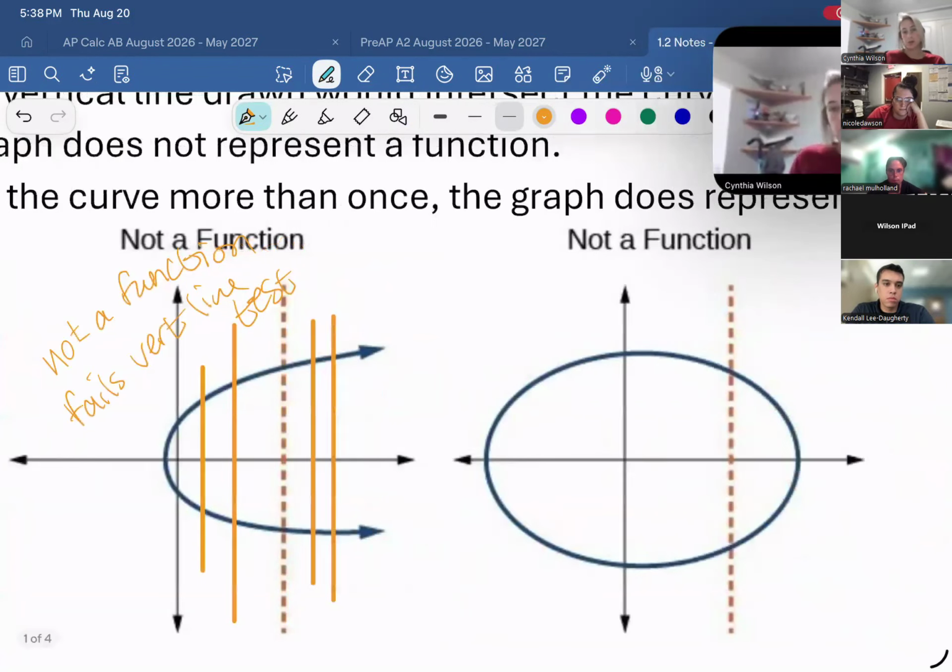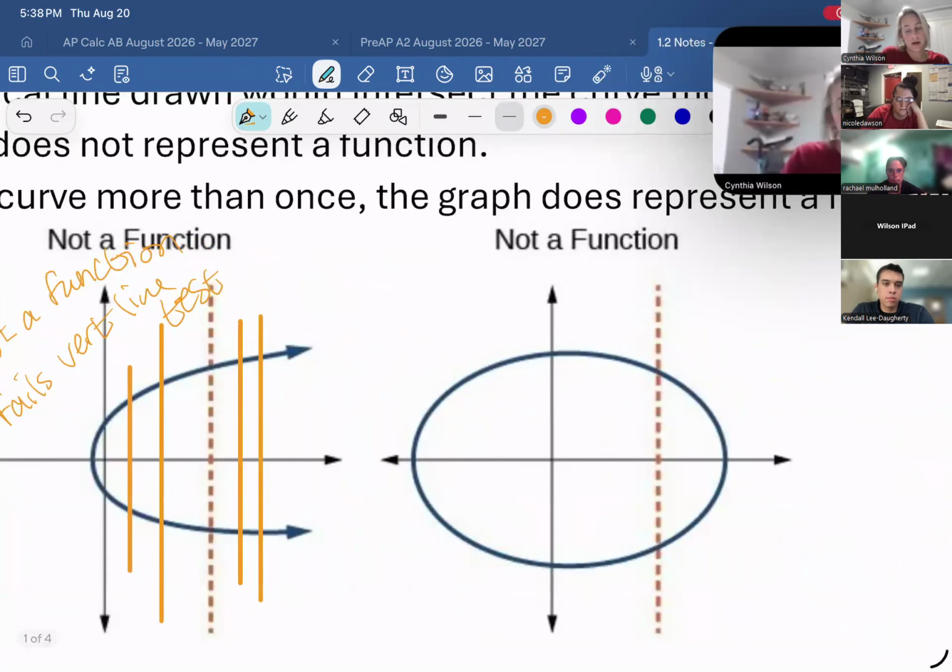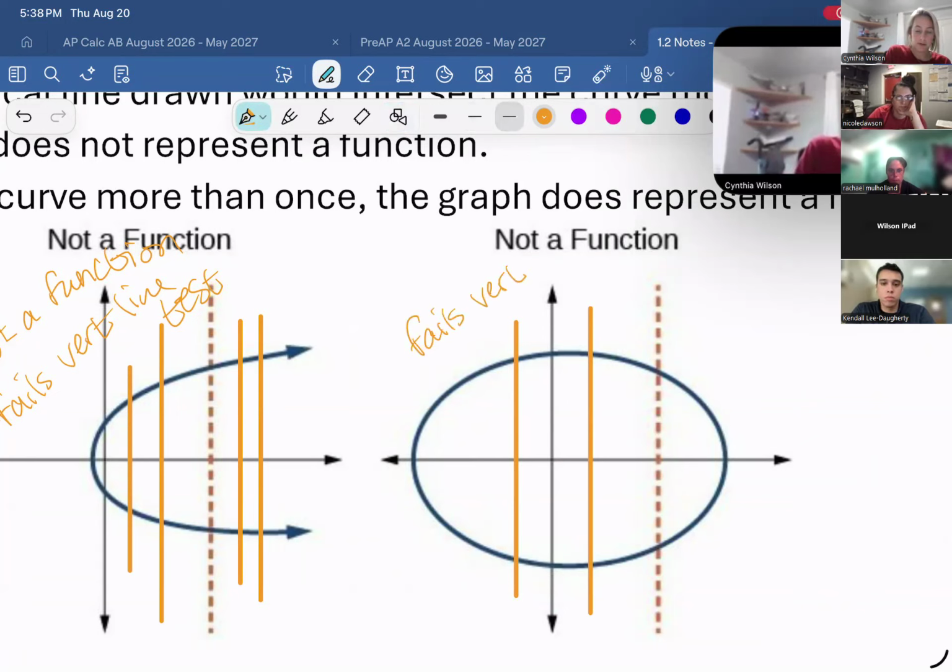And we saw this last picture as well. This is an ellipse, and it also fails the vertical line test, because with the exception of a couple of points, it's going to go through the graph more than once. So it fails the vertical line test. This is all stuff we covered Tuesday.